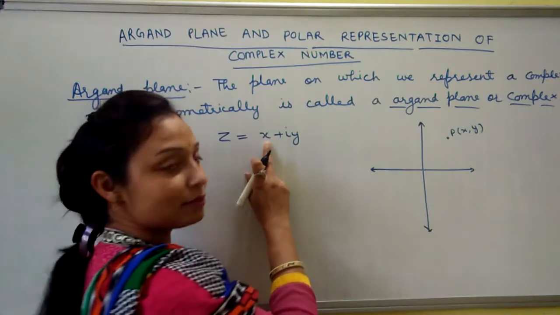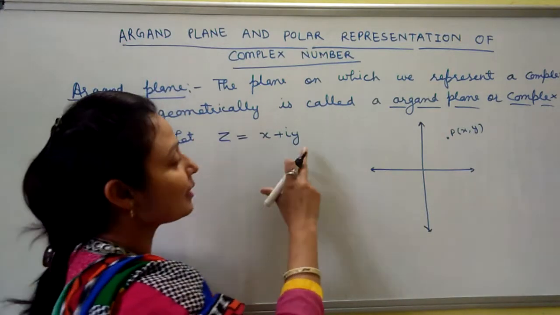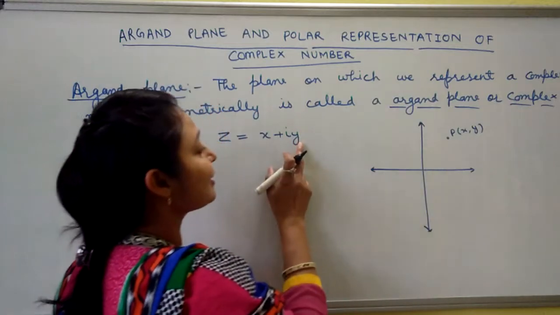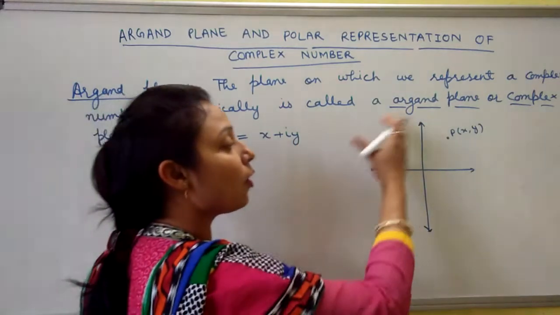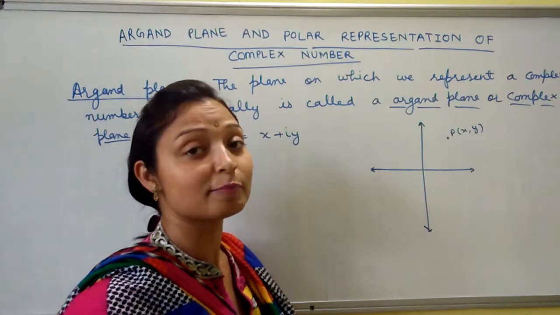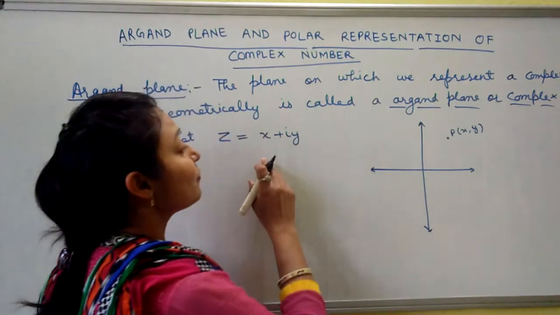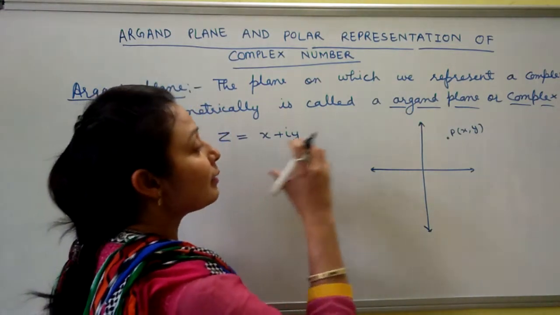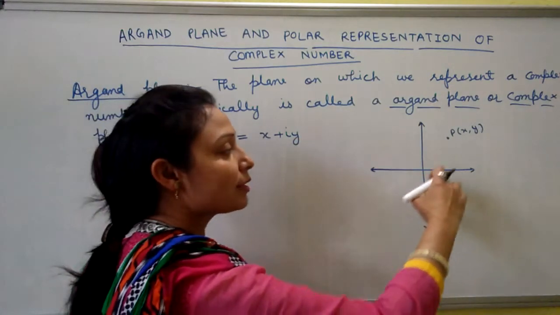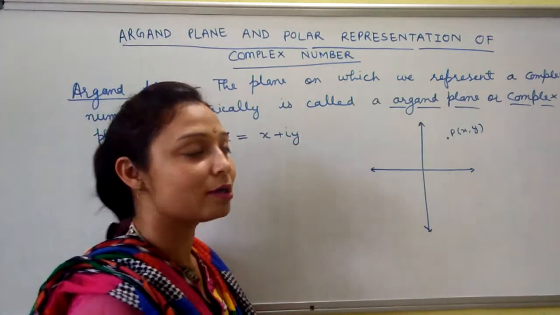In the real axis there is x, in the imaginary axis there is y. So when we represent these two numbers x and y on a plane, that plane is called an Argand plane. We have to represent the real and imaginary parts of the complex number on this plane. That plane is called Argand plane.